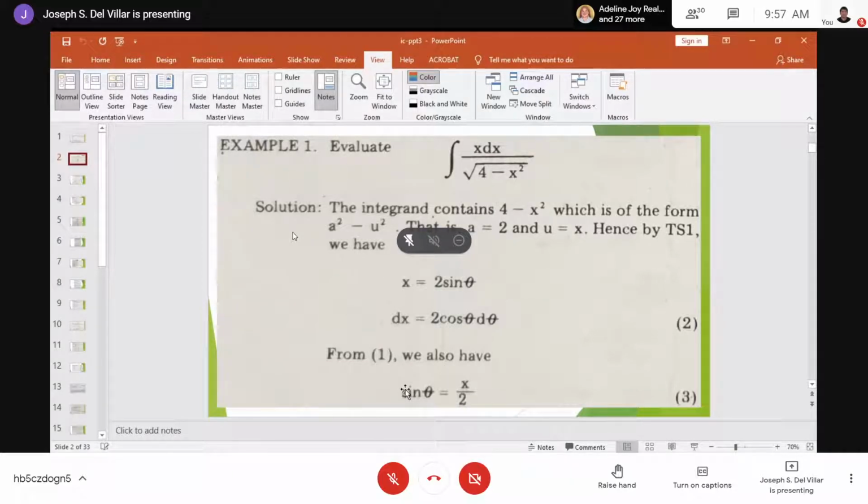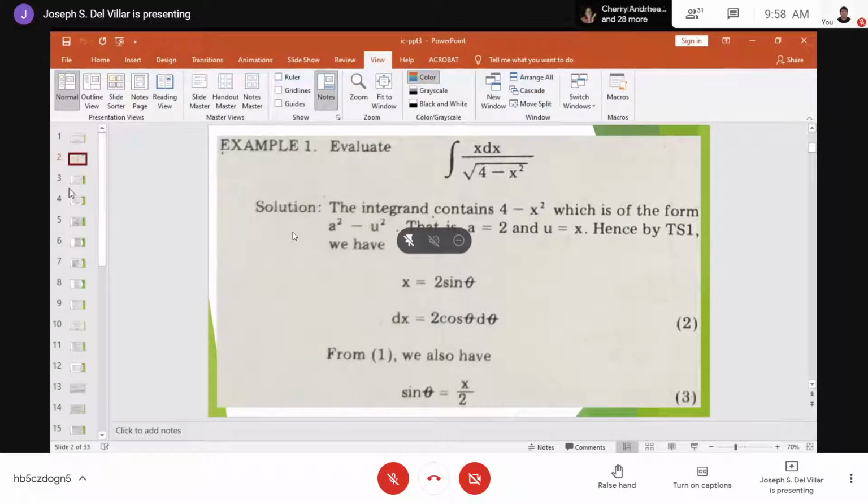So having this one, of course, sine theta is equal to x over 2, taken from the substitution. Dividing both sides by 2, we have x over 2 is equal to sine theta. Doon lang naman to nanggaling, doon sa substitution.